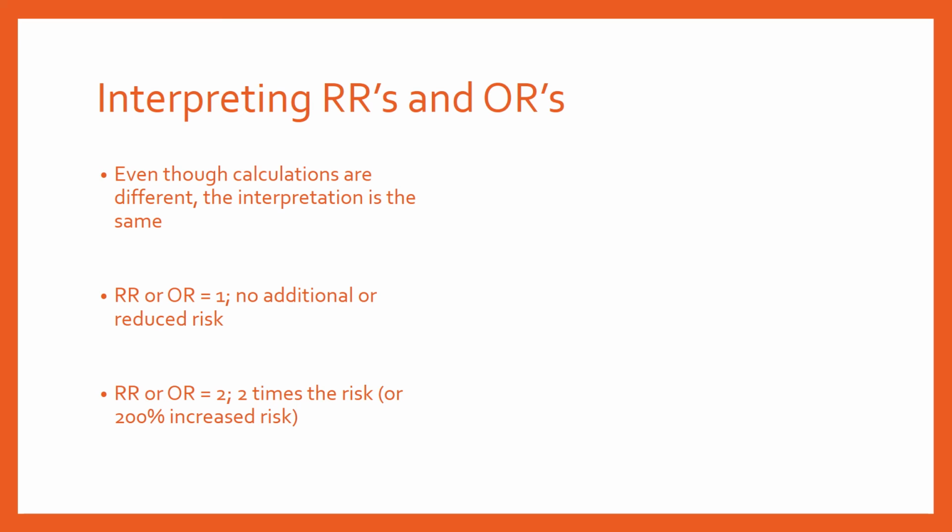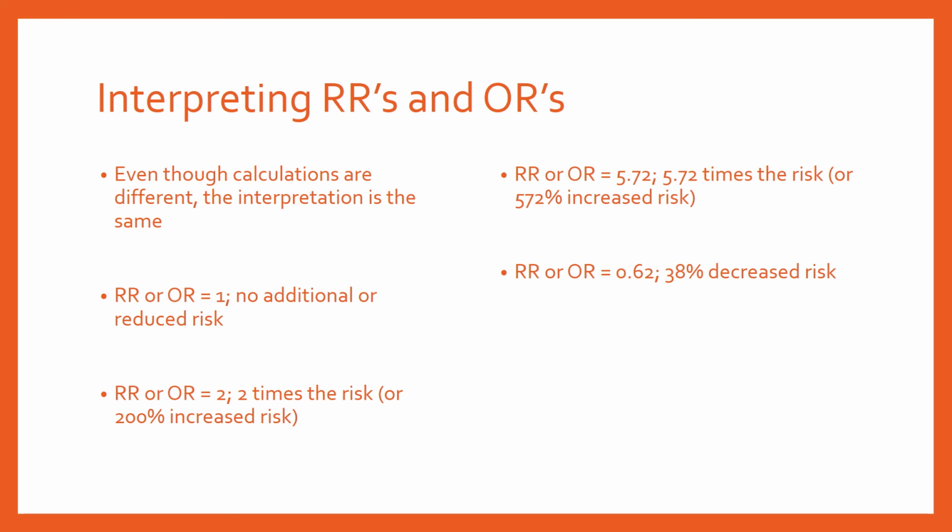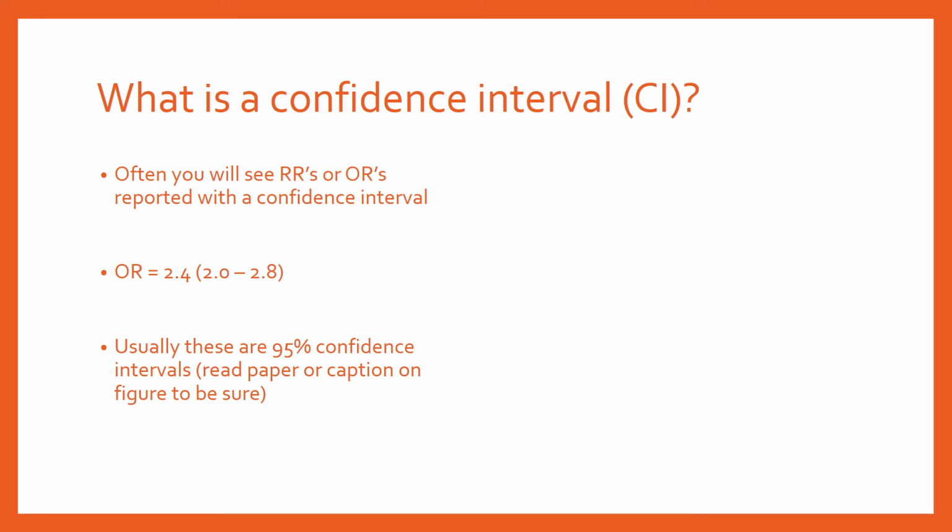The risks are equal. An odds of 2 means twice the risk. What if the odds was 5.72? That would be a 5.72 times greater risk. If the odds was 0.62, you take 1 minus 0.62 to get a percent change, so that would be a 38% decreased risk, and so forth.